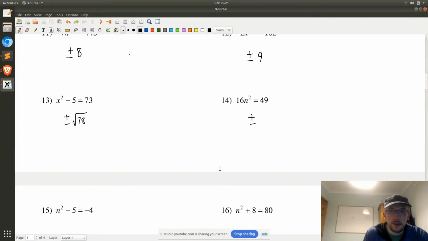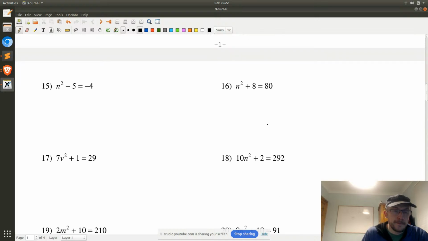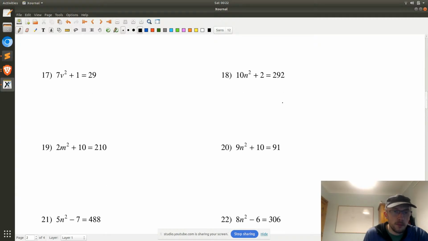Hold on now. There. Plus or minus 1. Plus or minus 6 root 2. Indeed, here, 290. Divide by 10.